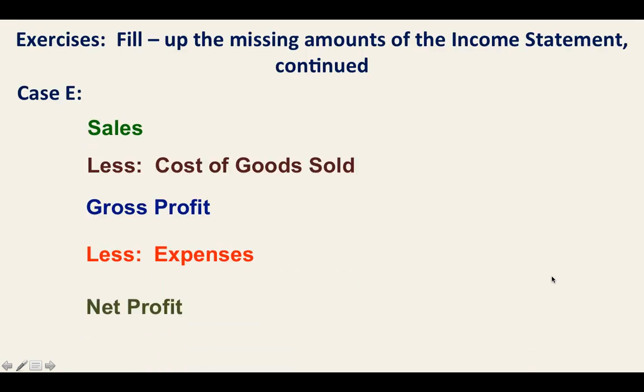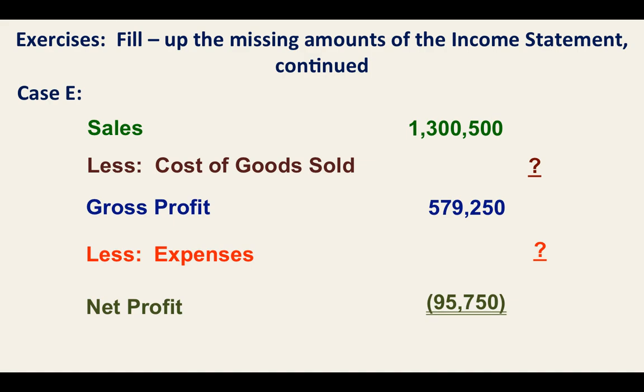Okay, class. Next, last exercise. So our sales is 1,300,500. Less cost of goods sold will give you your gross profit. Our expenses is missing. Our net profit, or net loss in this case, is a negative of 95,750.